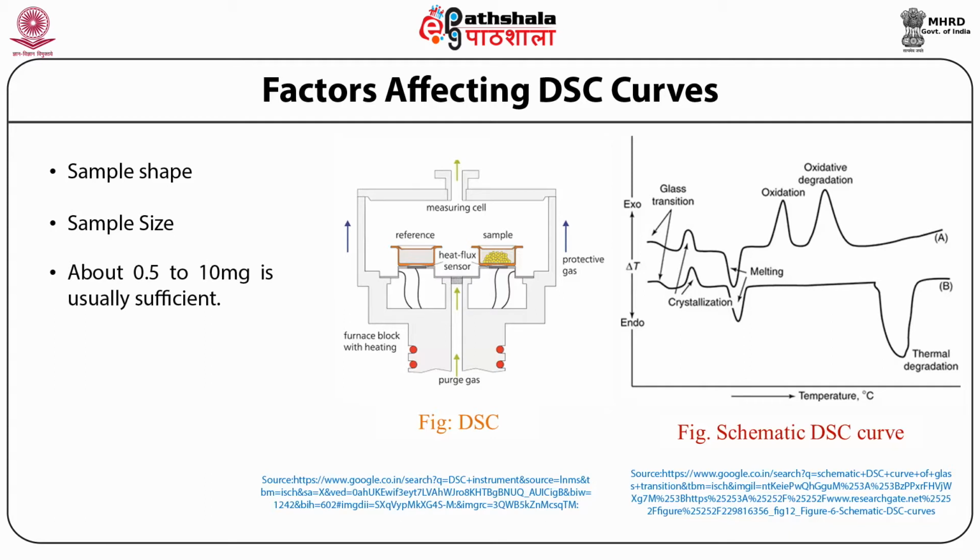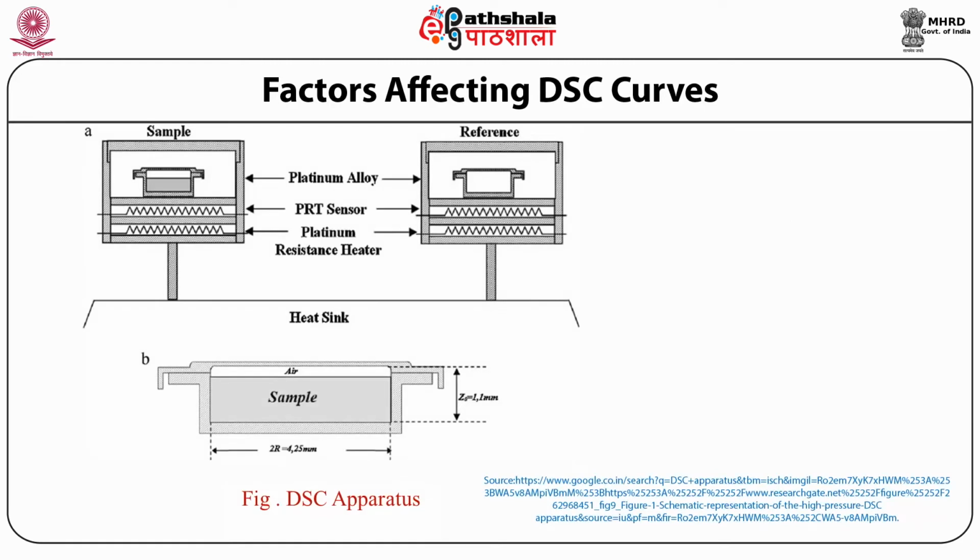Smaller samples enable faster scanning, give better shaped peaks with good resolution, and provide better contact with the gaseous environment. On the other hand, with large samples, smaller heats of transition may be measured with greater precision. In principle, like DTA, DSC involves the heating of the sample and an inert reference in parallel.